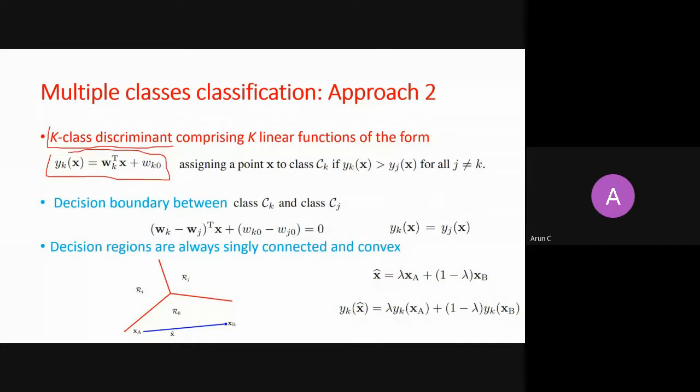One hyperplane for every class. And you classify X to some CK if for all j not equal to k, Yk is greater than Yj, right? So it is like this.